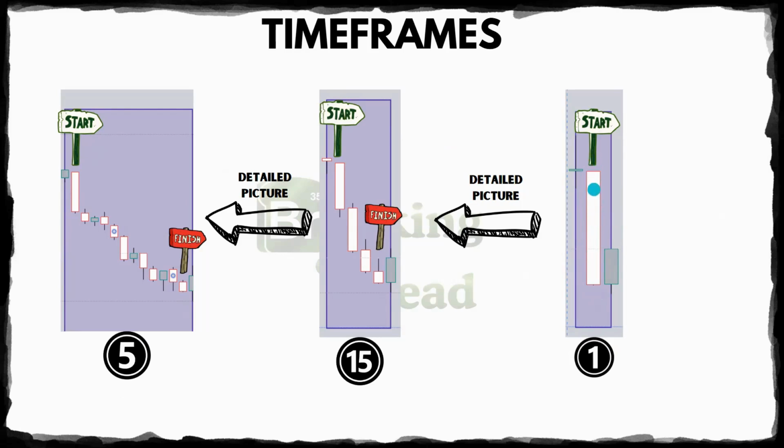So if I go to the hour and look at this candle and ask what happened within that hour time frame, I can drop down to the 15-minute and see a more detailed picture. It takes 4 15-minute candles to equal 60 minutes. So this candle, this candle, this candle, and this candle represent this 1 hour candle.